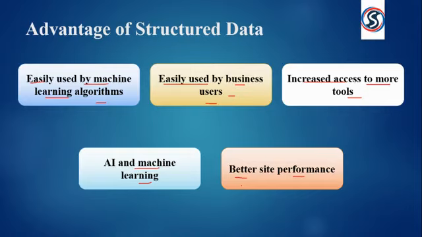By implementing structured data, you are more likely to be set up for a higher click through rate, that is your CTR. Here more attention is drawn to your content when it is discovered, which increases your CTR.